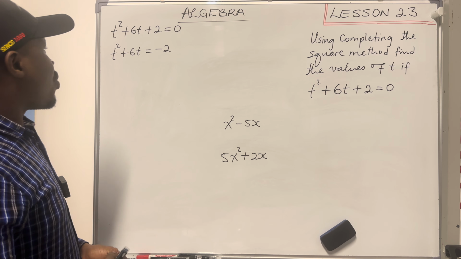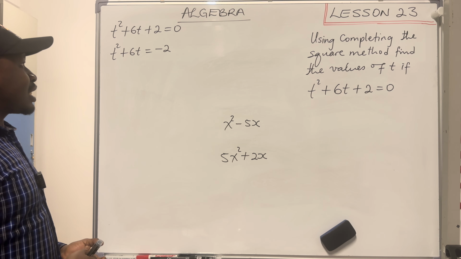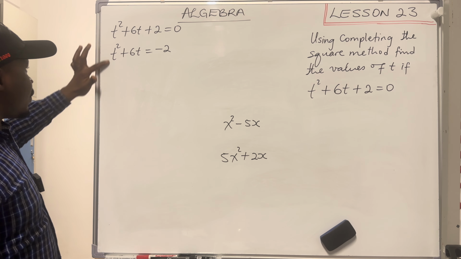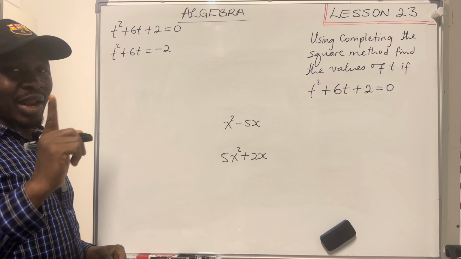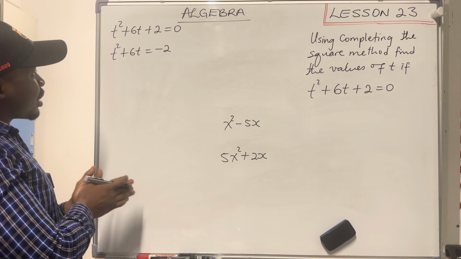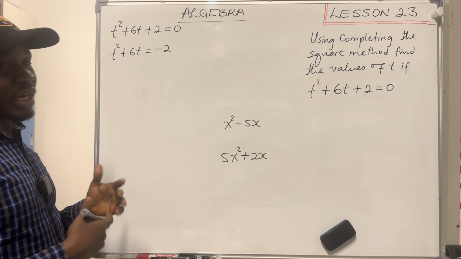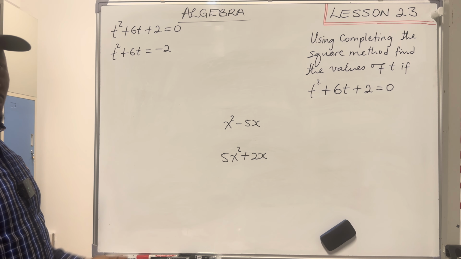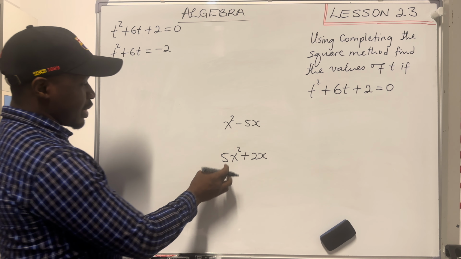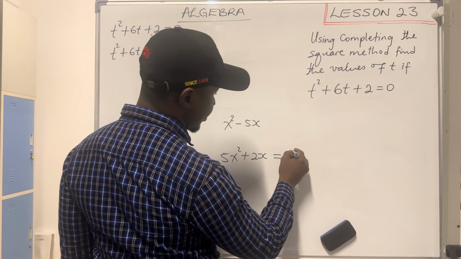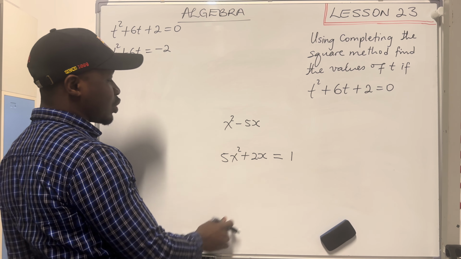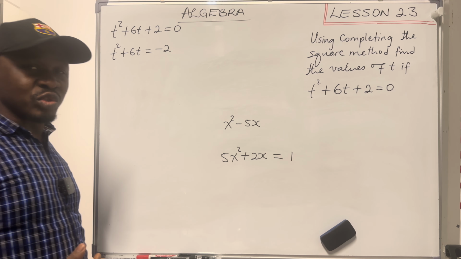All right, so what is the next thing? The next thing is that the coefficient of the squared term must be 1. We are lucky enough here that the coefficient of the squared term is already 1, so we don't have anything else to do. Let us assume that it is not 1. The coefficient of the squared term is not 1. What do we do?